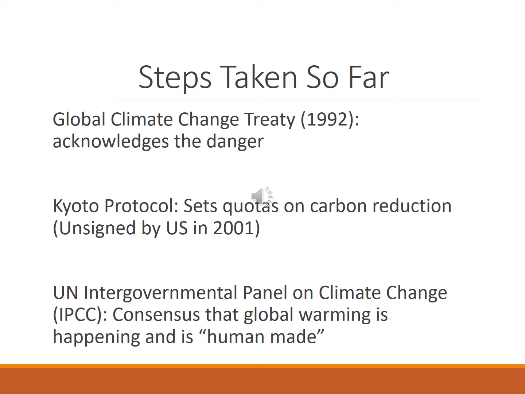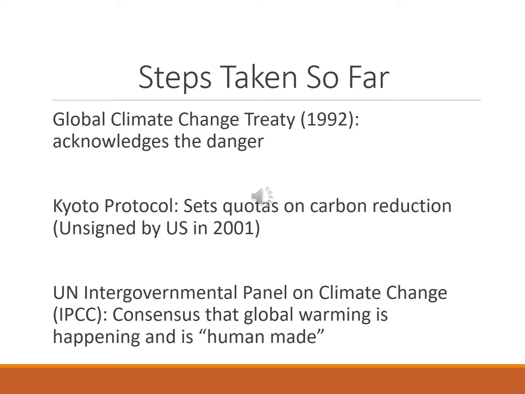In the meantime, the United Nations formed something called the Intergovernmental Panel on Climate Change. This panel was important because for the first time you had a major international body claim and attempt to prove that climate change was anthropocentric, which is to say that it was human-made.